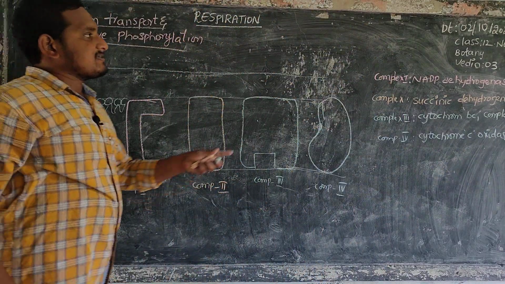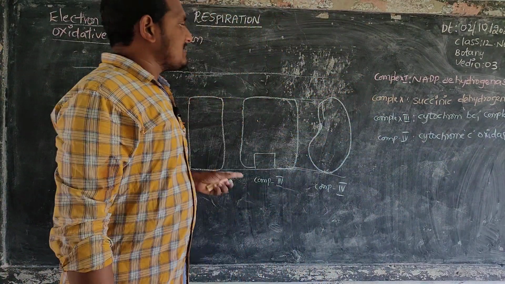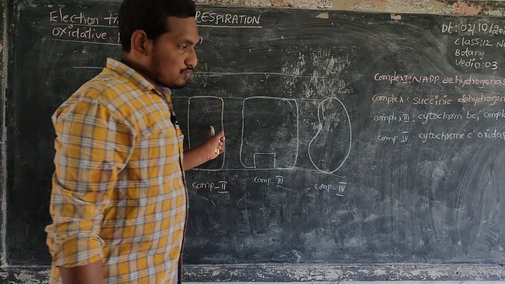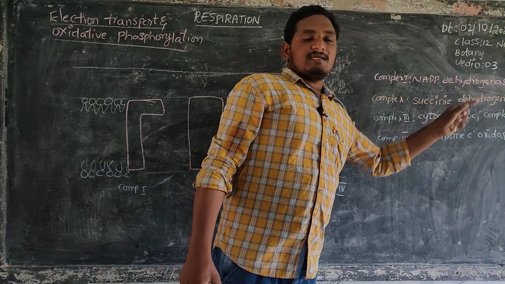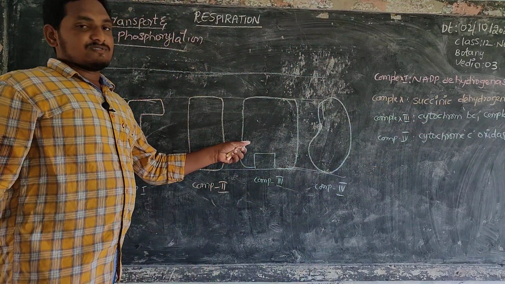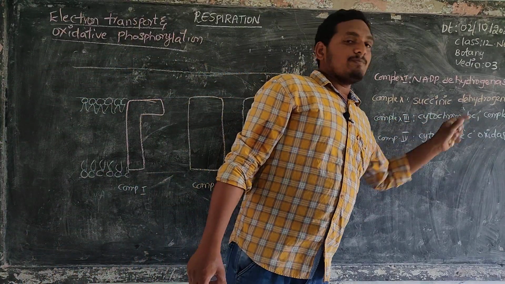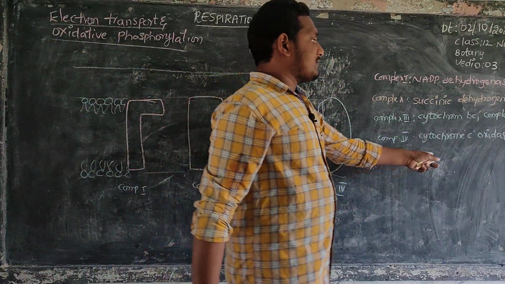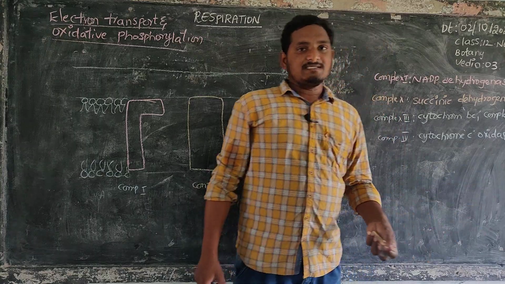So complex number 1 is NADH dehydrogenase. Complex number 2 is succinic dehydrogenase. Complex number 3 is cytochrome BC1 complex. Complex 4 is cytochrome C oxidase.